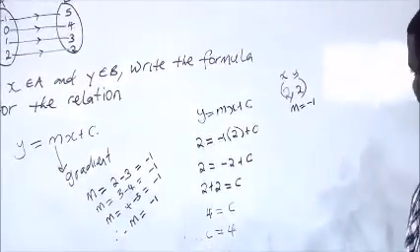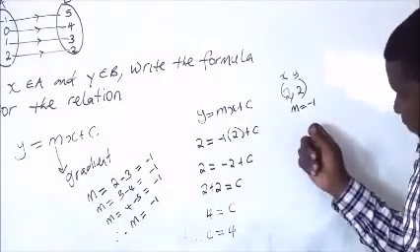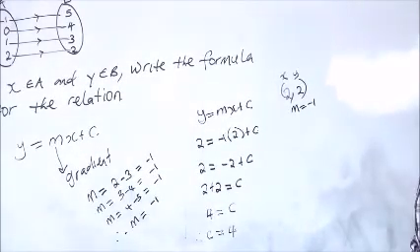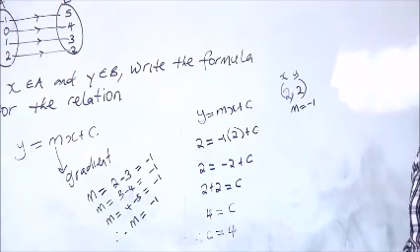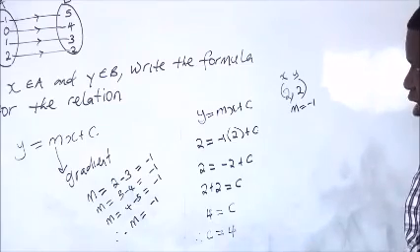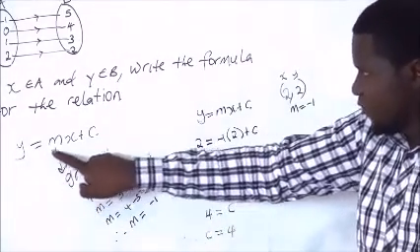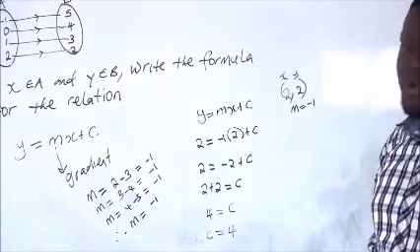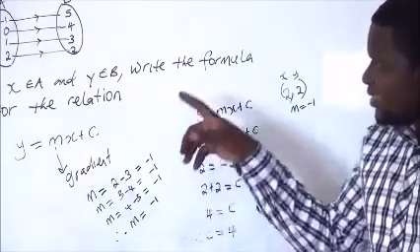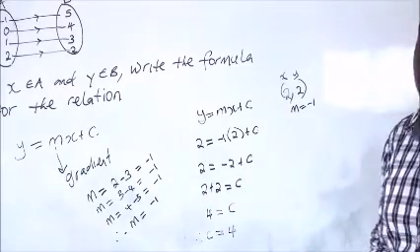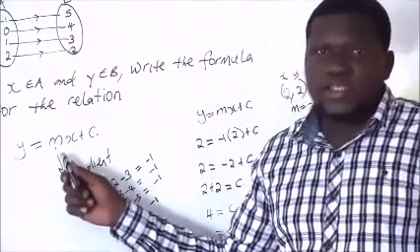Now, I have found the value of M, which is -1, and at the same time the y-intercept C. So it will be very easy for me to come up with an equation by the help of this standard formula, by simply substituting the values of M and C only, maintaining y and x.